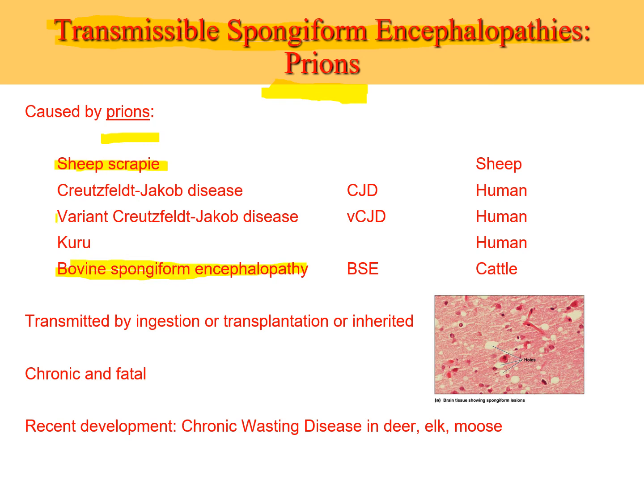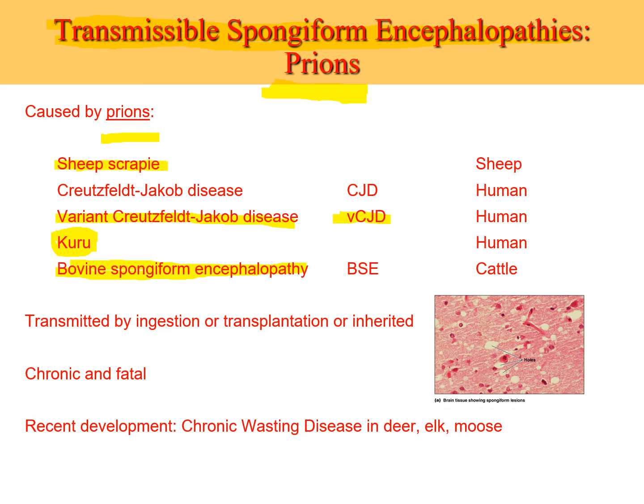In humans, the disease is called variant Creutzfeldt-Jakob disease, or vCJD. There was a form in Papua New Guinea called Kuru, but that was eliminated many years ago because it was understood how it was transmitted, and they stopped that system of transmission.